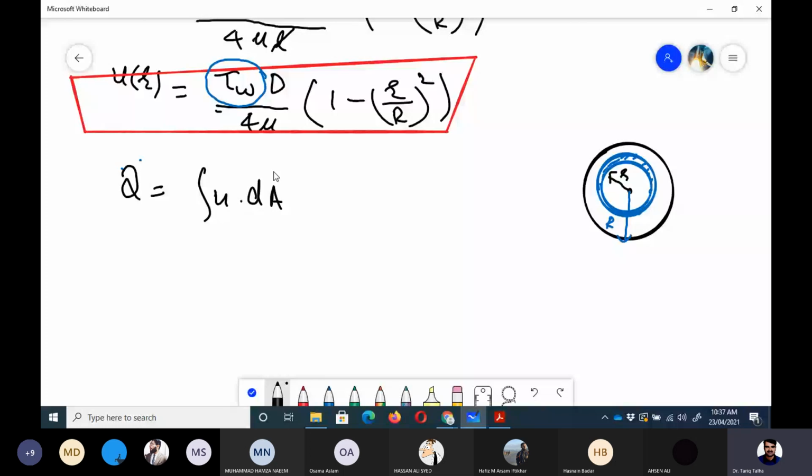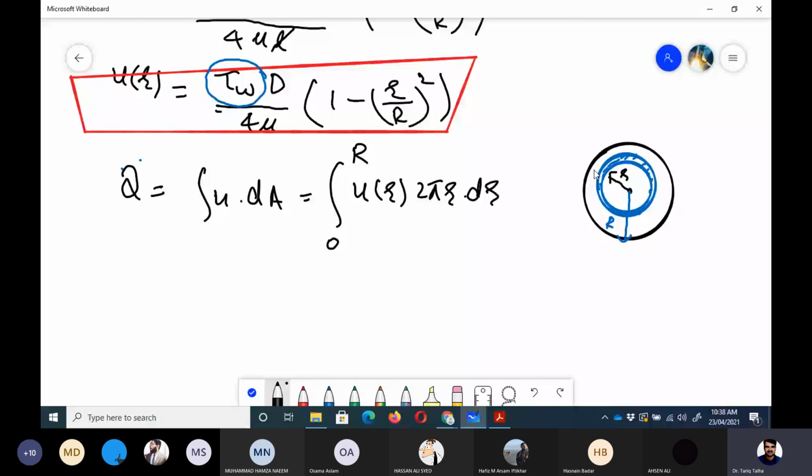So I can write u of r into 2 pi r dr. 2 pi r is the circumference and dr is the thickness of this ring type strip, and the integration limits would be from 0 to capital R. So we are going to integrate all the volume flow rates through these strips from r is equal to 0, which is the center line, to r is equal to capital R, which is the outer pipe circle.